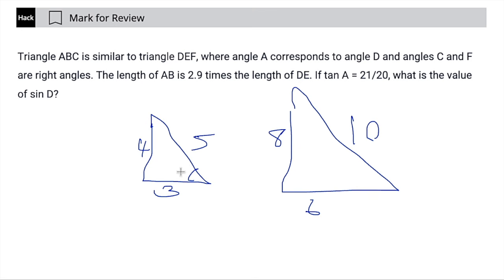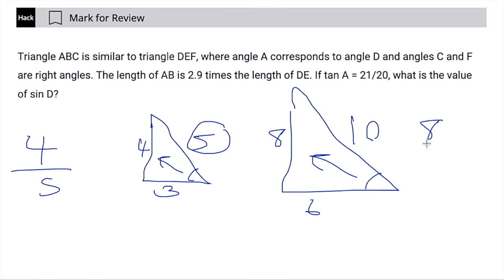Sine would be opposite over hypotenuse, so we would have 4/5. If we took the sine of this similar triangle, it would be 8 over 10, which once we simplify becomes 4 over 5. So no matter how much bigger or smaller one of the triangles is, the ratio is the same, and the fraction, once simplified, is going to be the same.